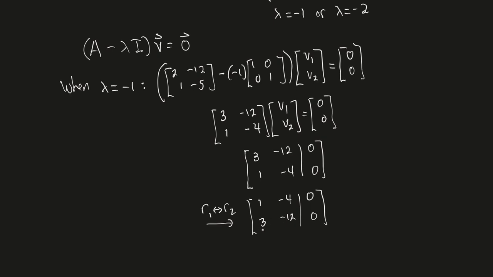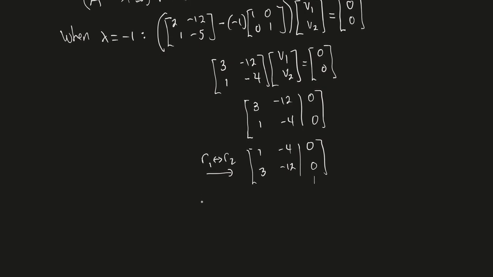And now if I eliminate the +3, I will also eliminate the -12. If you look closely, the bottom equation is just a scalar multiple of the top equation. The bottom equation here is 3 times the top. So if I eliminate that 3 by doing -3 times row 1 added to row 2, what do we end up with? 1, -4, 0, and then 0, 0, 0.